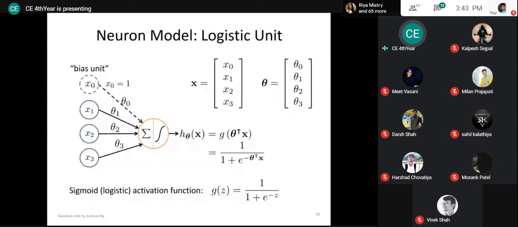Now consider x as an input. So x0 is our bias input, and x1, x2, x3 are, let's say, three inputs we have, and theta 0, theta 1 up to theta 3 are the weights via which we connect to the next layer. For simplicity, let's assume that the next layer has a single neuron.